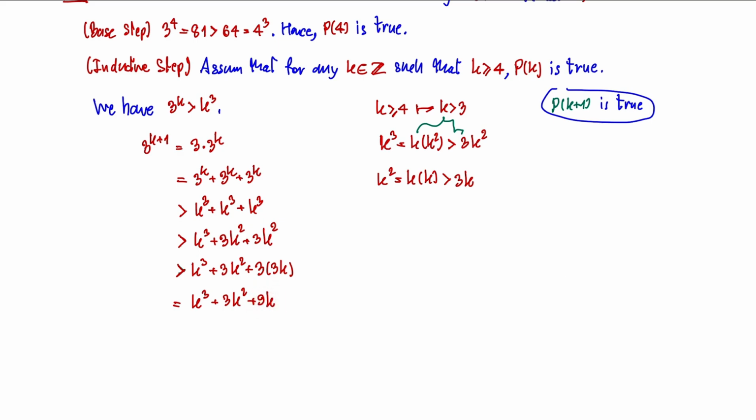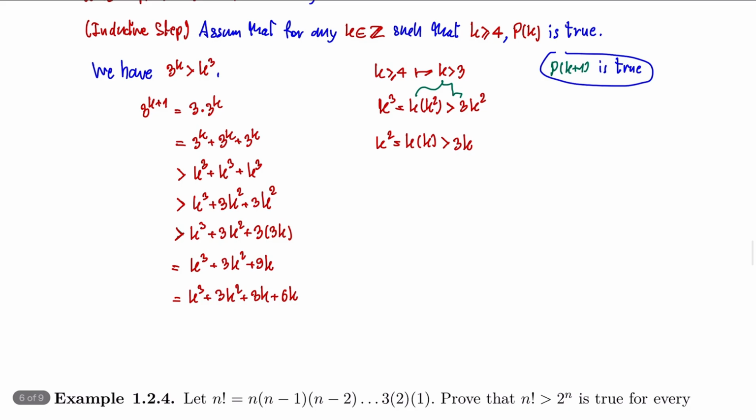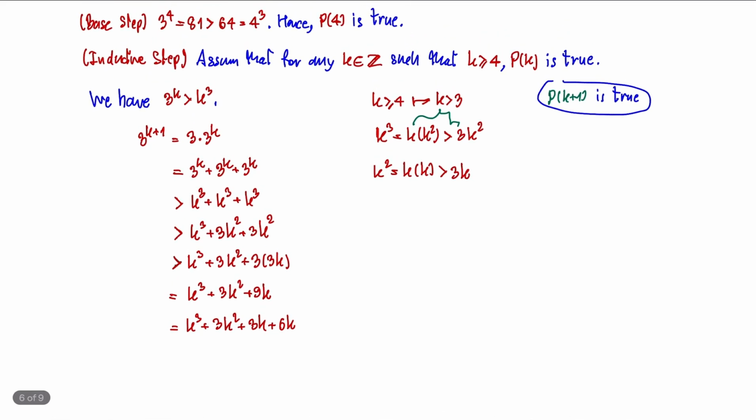Then it turns out to be k cubed plus 3k squared plus 3k plus 6k. Okay? And we know that k is greater than or equal to 4. Then we have greater than or equal to k cubed plus 3k squared plus 3k.